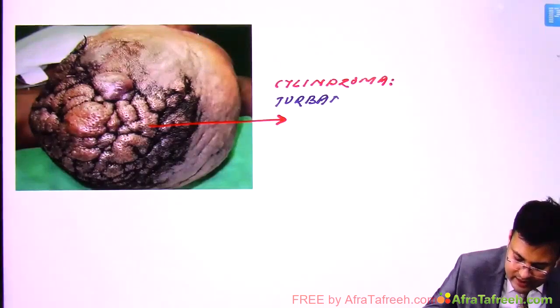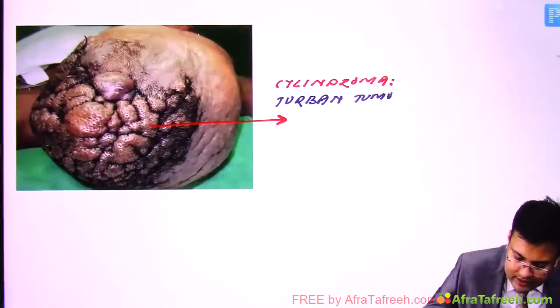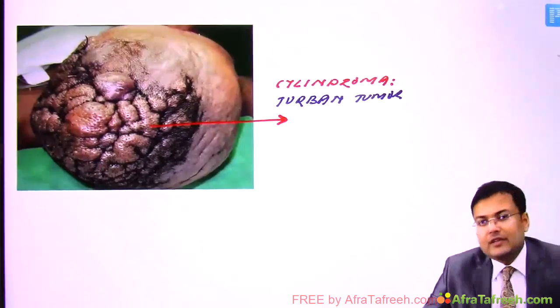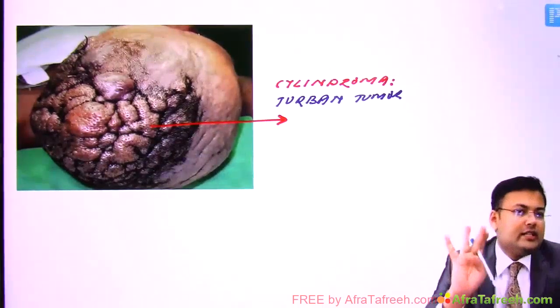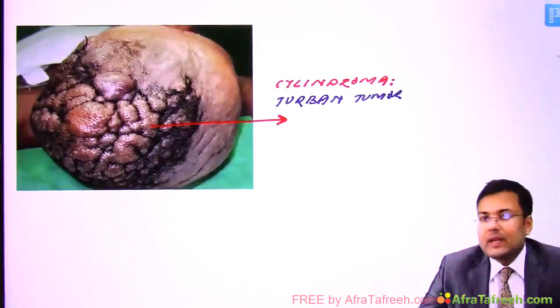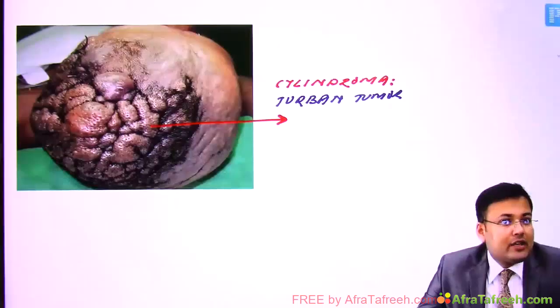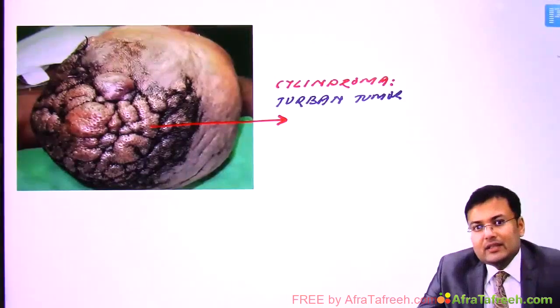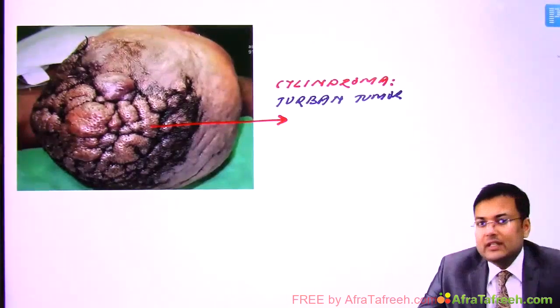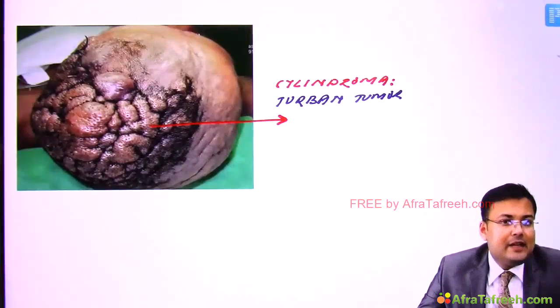Why is it known as turban tumor? Because there is piling of tissues one over another. So these are the four conditions. One is Cox peculiar tumor, second is Pott's-Puffy tumor, third is pilomatrixoma, and fourth is cylindroma. These are very important, asked almost every year.